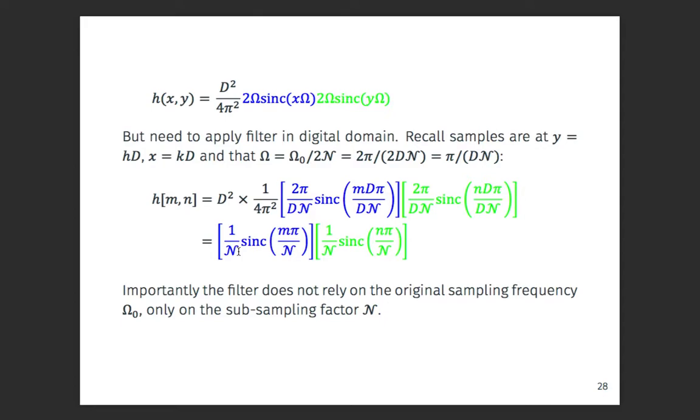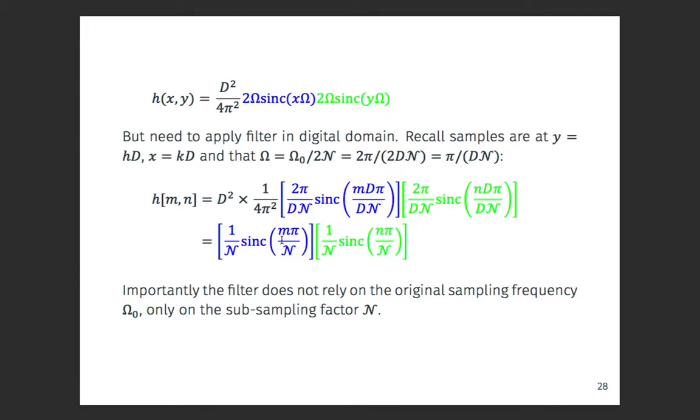I separated the two coordinates into two colors, so you have blue and green. Green is not necessarily very visible here, but basically you get a sinc function. What is interesting is that the elements only depend on the resampling or subsampling factor n. There's no mention of the original sampling frequency.